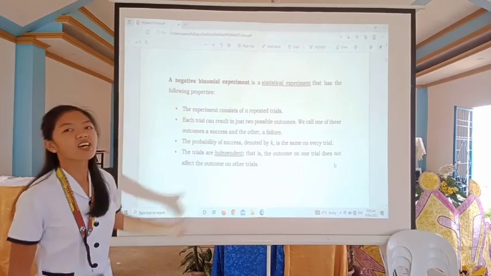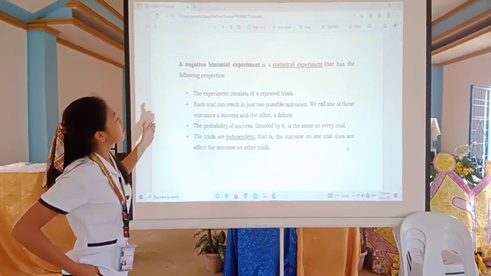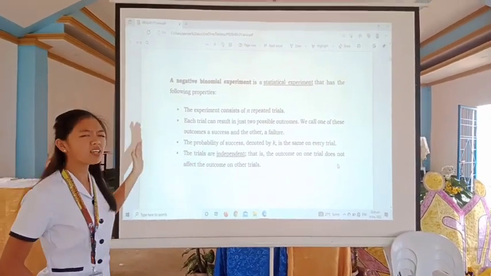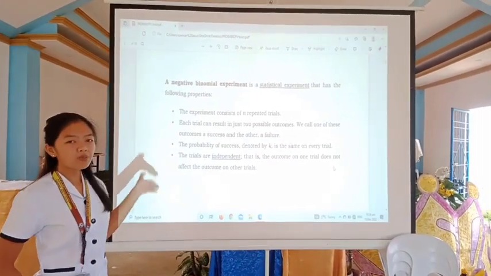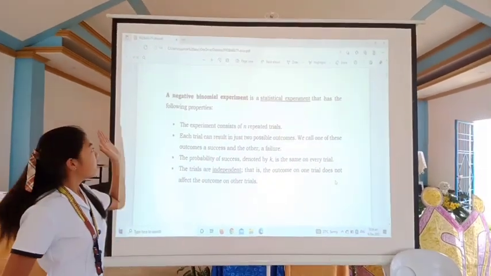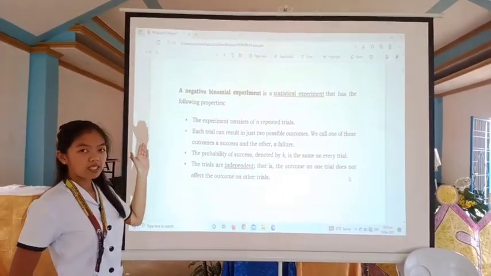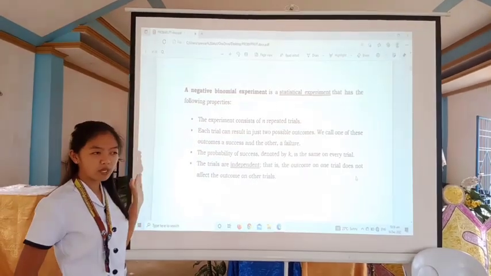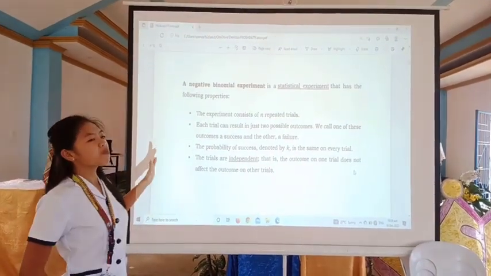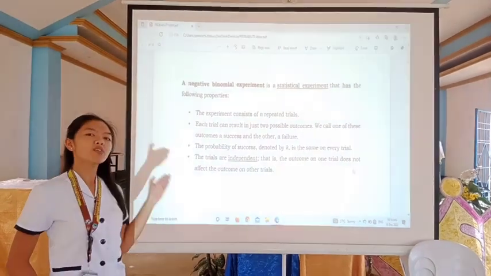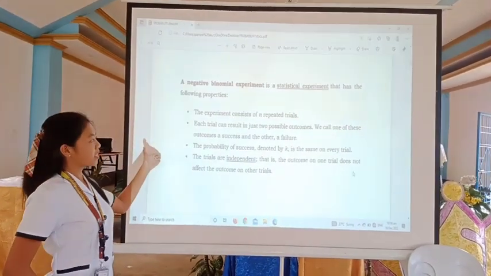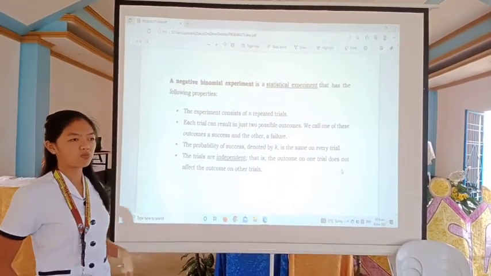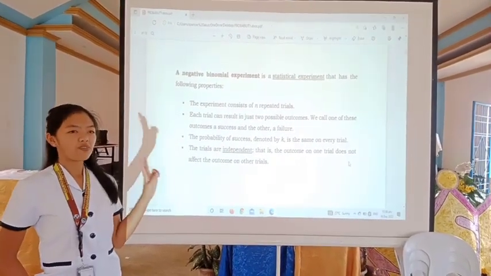Before I forget, we have the following properties. There are a lot of properties, but we will focus more on these four. We have a negative binomial experiment. It is a statistical experiment that has the following properties. First property, the experiment consists of n repeated trials. Second property, each trial can result in just two possible outcomes, a success and a failure.